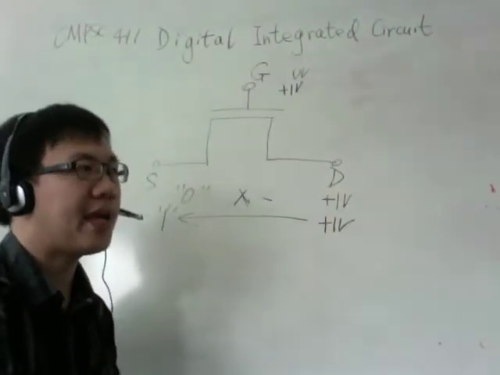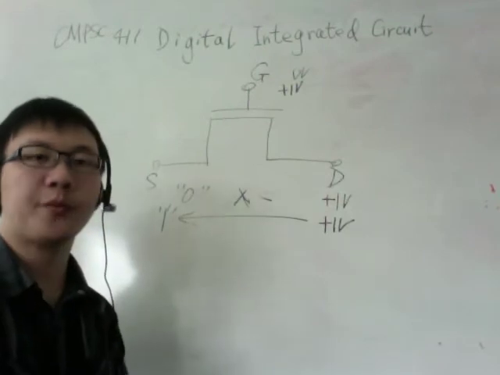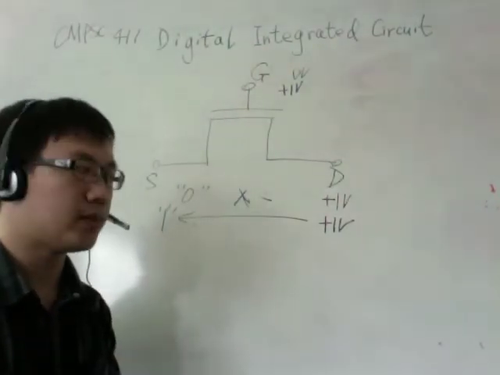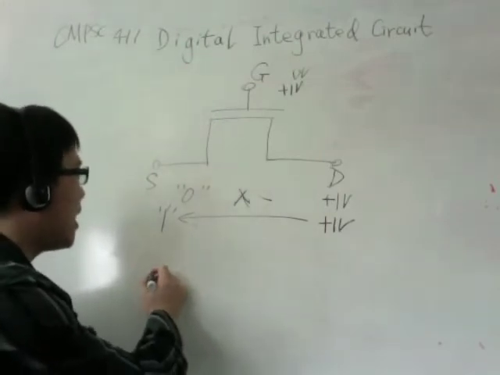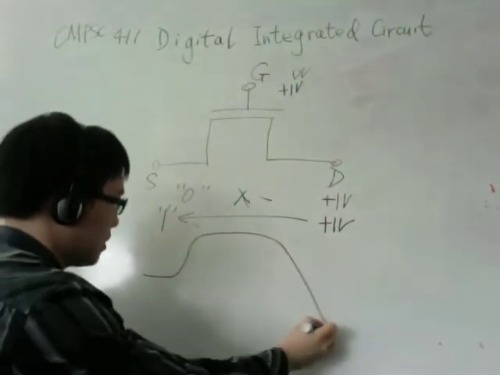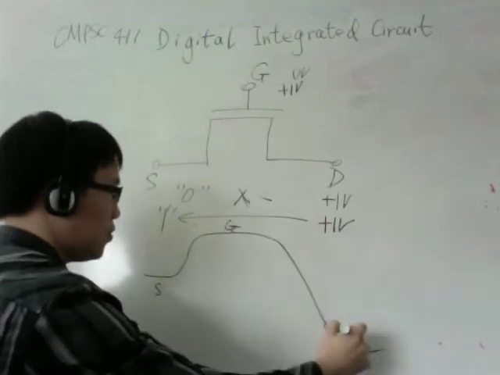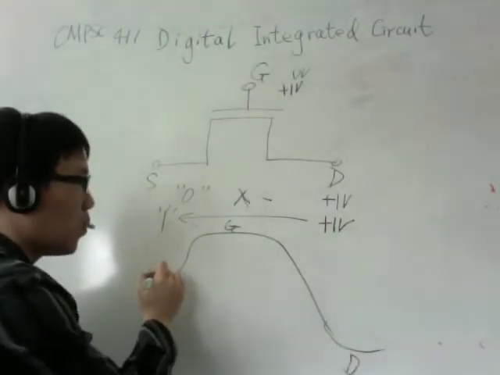So why does this happen? Let me explain using the energy band theory, which is very similar to water flow. When the transistor is off, its energy band looks like this, from source, gate, to drain. Think of electrons as water.